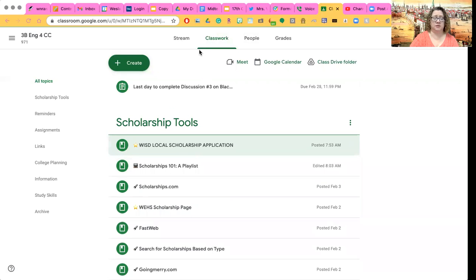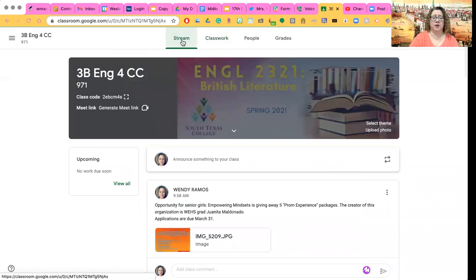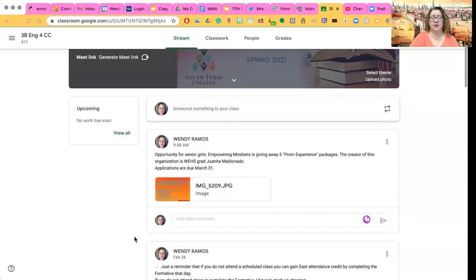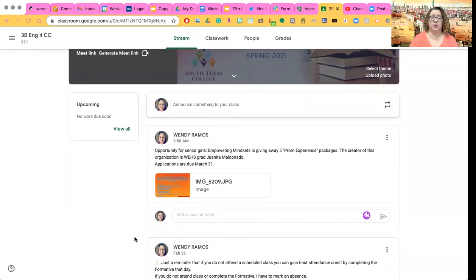these different options. So another opportunity that I wanted to tell the senior girls about is that one of my former students, Juanita Maldonado, graduated probably in 2014, 2015, something like that. She's already graduated from UTRGV with a journalism degree, and she runs a nonprofit, and she does a lot of journalism for local stations and things like that too.